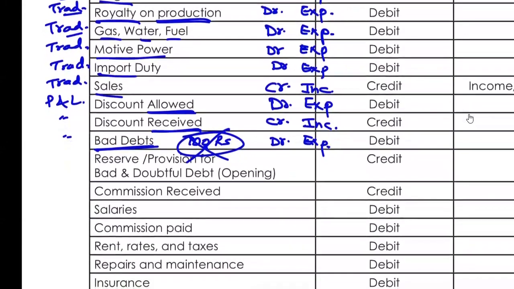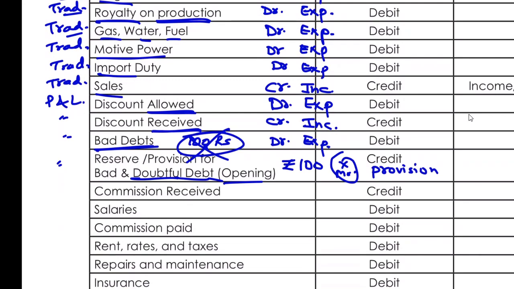Then if we are creating a provision for doubtful debt, that is the opening figure. Like for example, I have to take 100 rupees from Mr. X and I am doubtful whether he will give me or not. So I have created a provision that this amount may be lost.